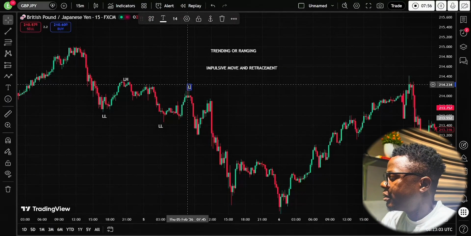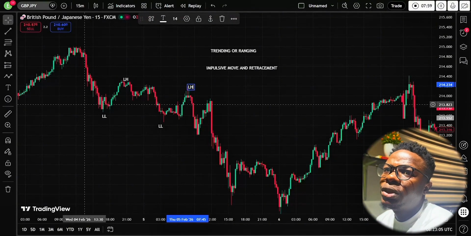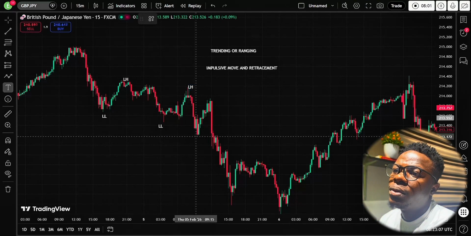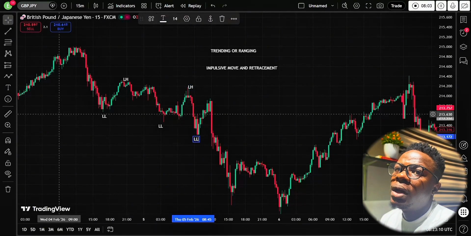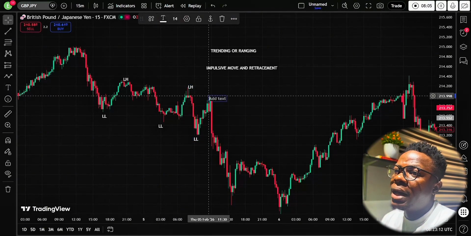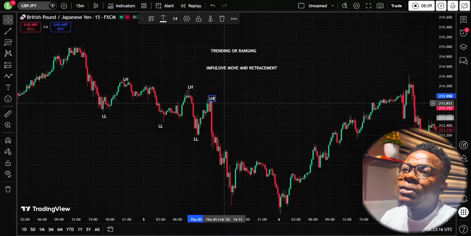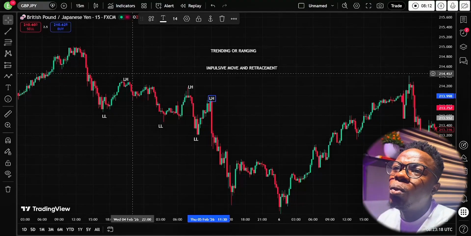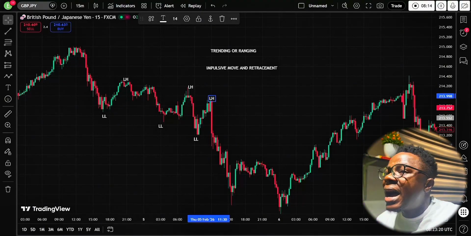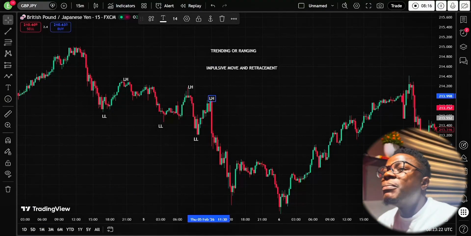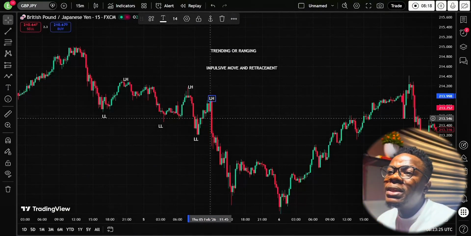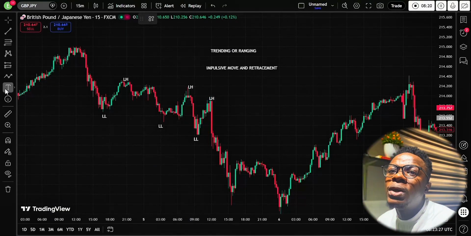pushed upward again to form the lower high, pushed downward again to form the lower low, the lower high. Now it is the lower high because the market is finding it difficult to break the previous lower high to the upside. So it is forming a new lower high and a new lower low as it keeps going downward.